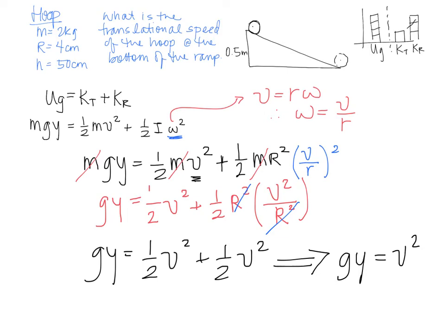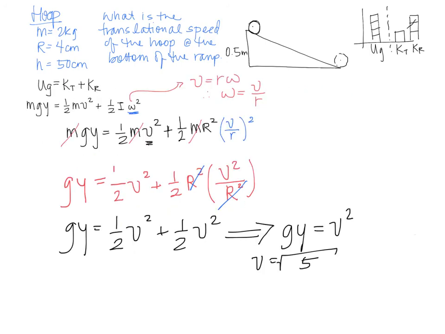So then we should be able to find the speed at the bottom. And at this point, we have canceled out the masses, we have reduced the r's, and the speed should be the square root of about 5. And I think that's about 2.23 meters per second.